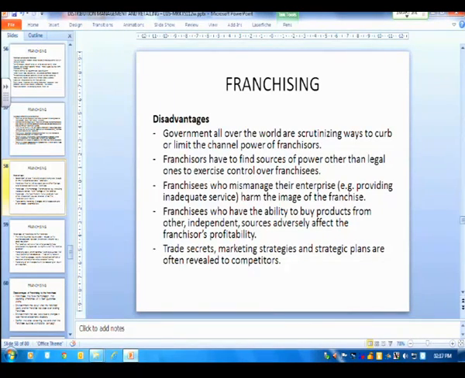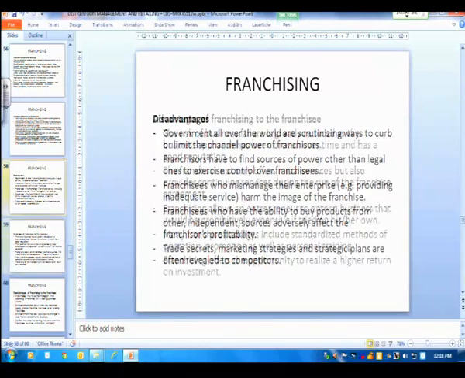Franchisees who have the ability to buy products from other independent sources adversely affect the franchisor's profitability. And then lastly, trade secrets, marketing strategies, and strategic plans are often revealed to competitors.